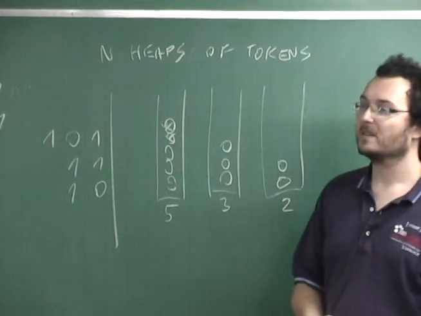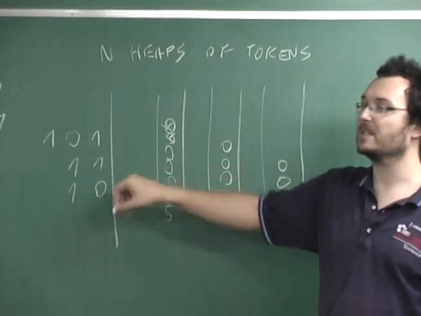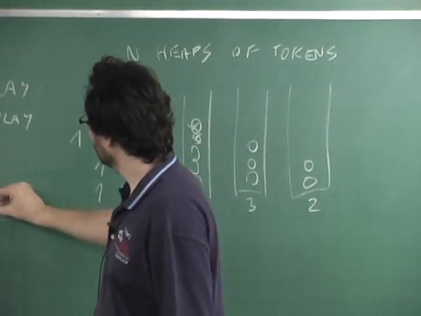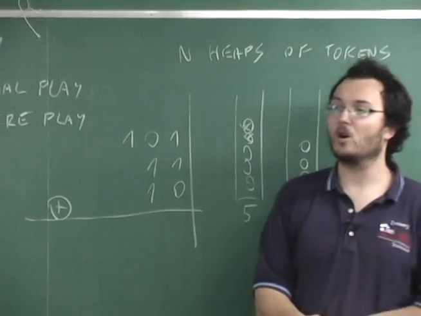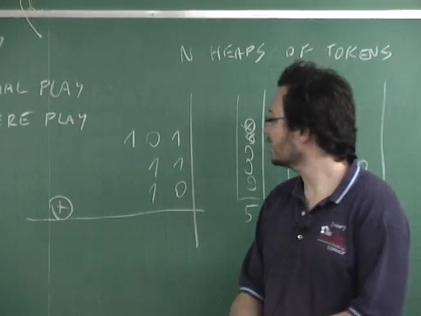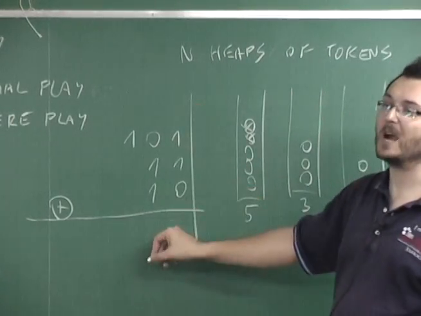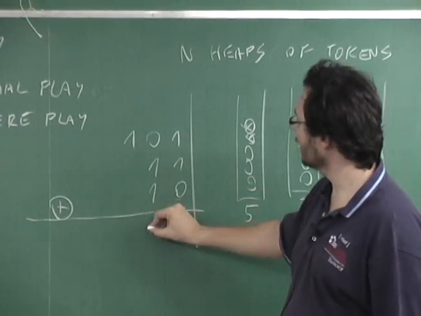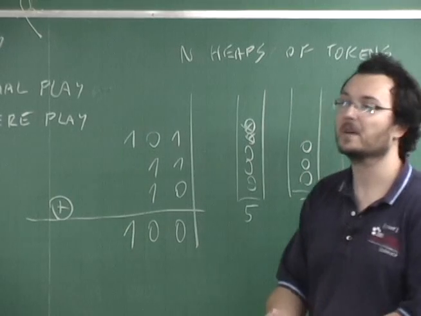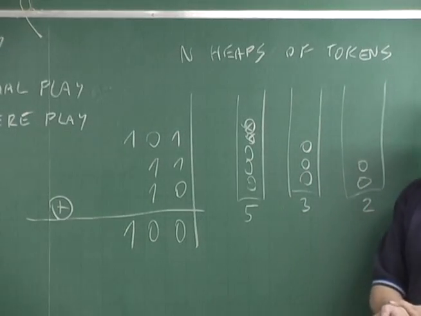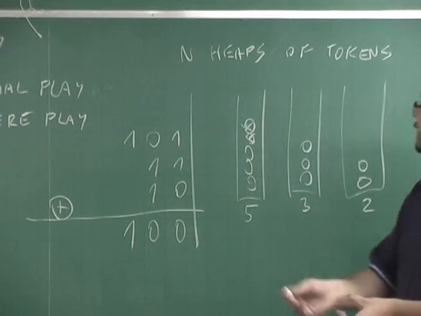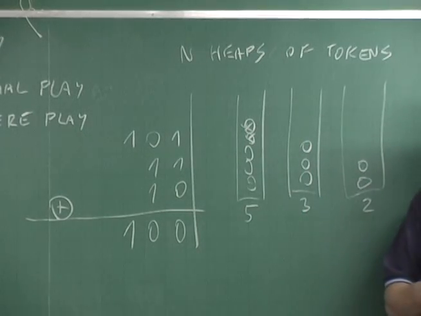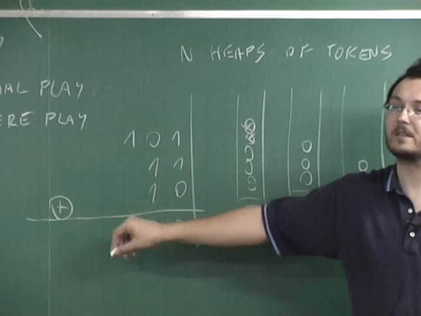So you record the heap sizes in base 2, and you compute their bitwise XOR, exclusive OR. So in each column, you compute the parity of ones. Here it is a 0, here it is a 0, here it is a 1. And the statement about this game is that the position is winning if and only if this result is non-zero.